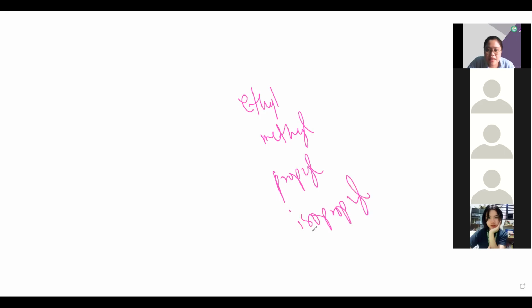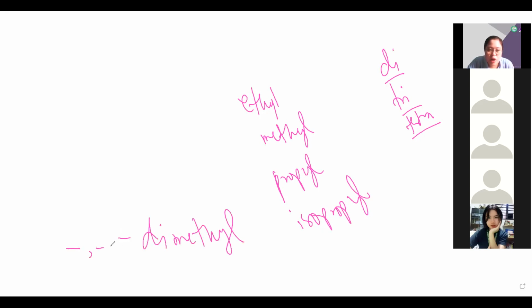Now, since they're all different, we don't need the prefixes di, tri, tetra, and so on. When do we use them? When a compound has the same substituent more than once. So if you see two methyl groups, combining them we call them dimethyl. We just have to identify which carbons they are attached to on the parent chain, and the numbers will be separated by a comma.